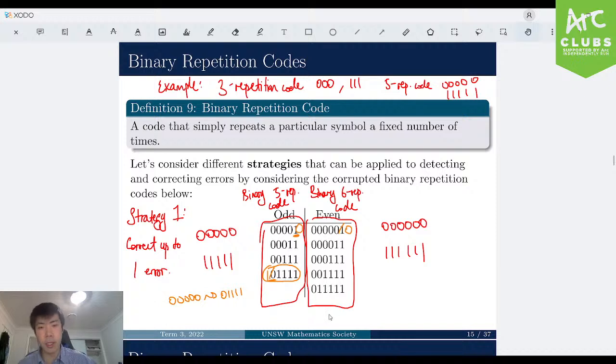Similarly for this last one here, we see 5 ones and only 1 zero, so we believe that this 0 should instead be a 1. Okay, and that's all. So in strategy 1, we're just looking at the corrupted code words. If we supposedly see one error, then we correct it. We might not be correct, but that's our strategy.